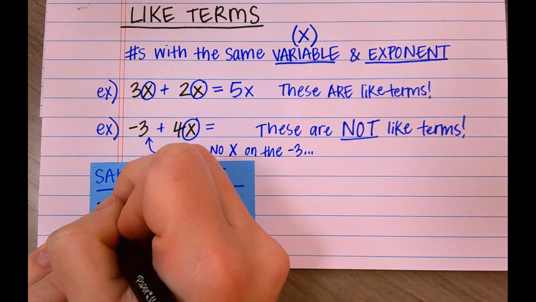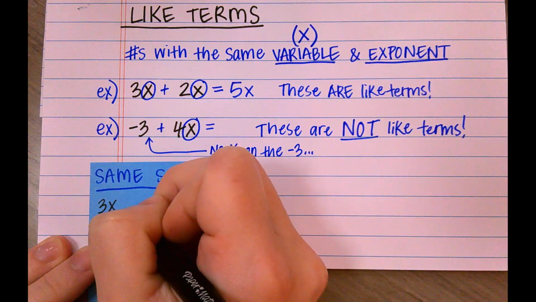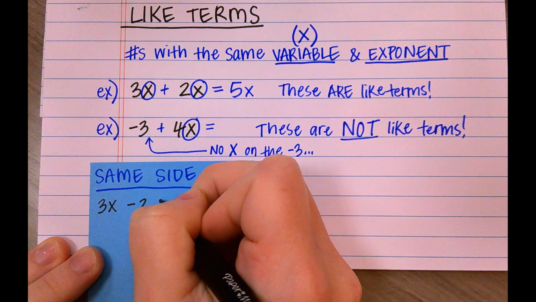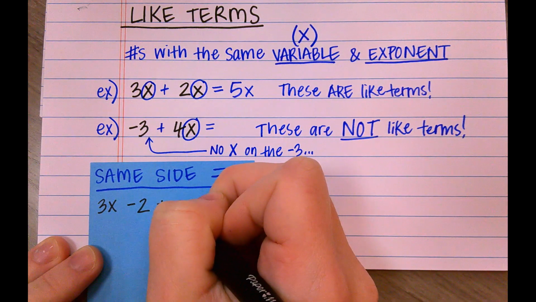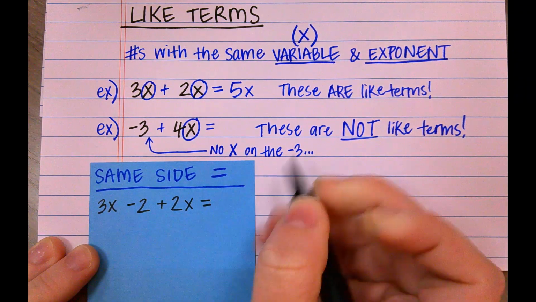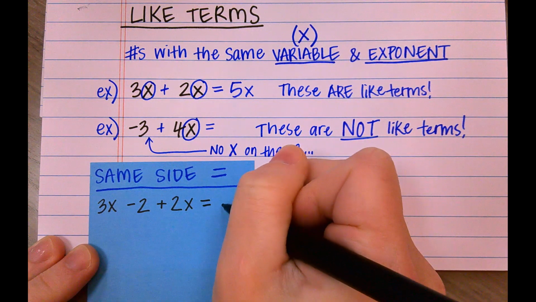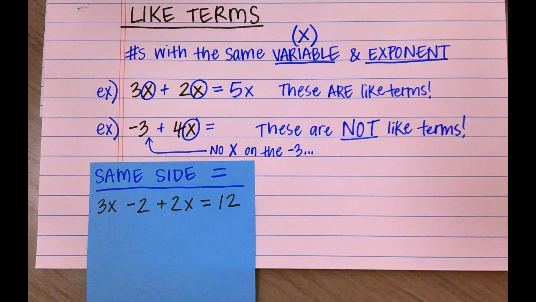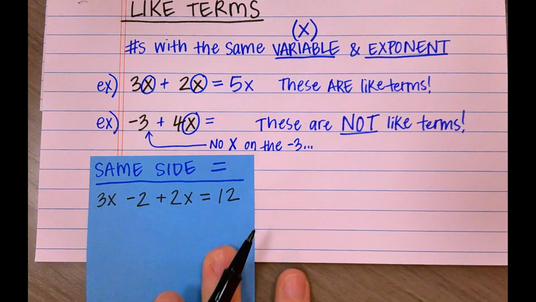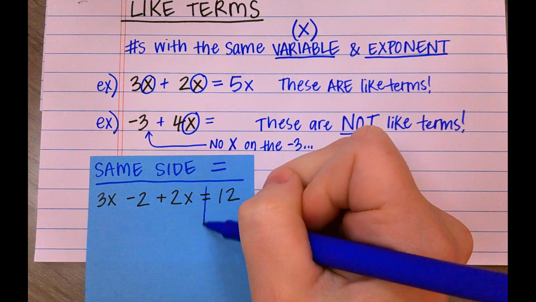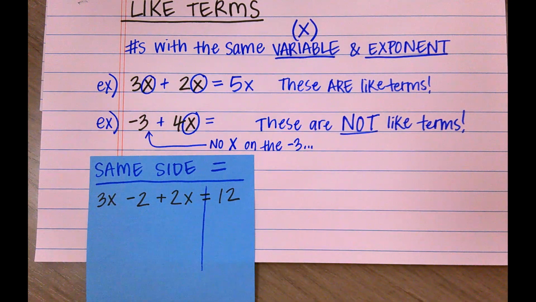Let's do 3x + 2x + 2 = 12. You combine like terms.